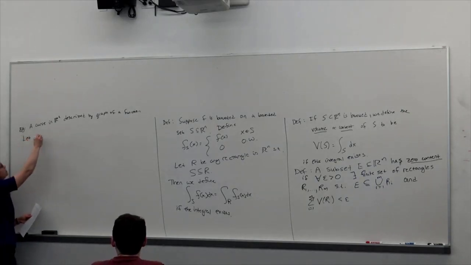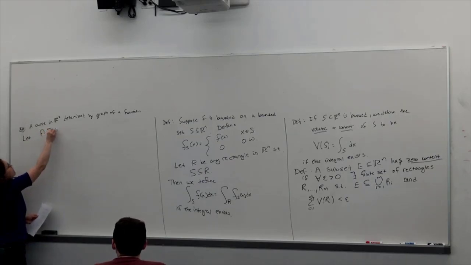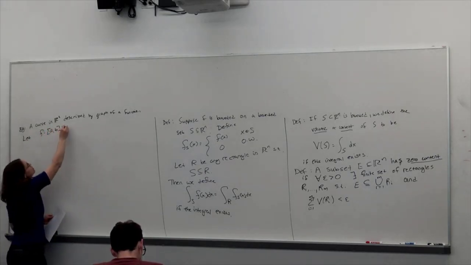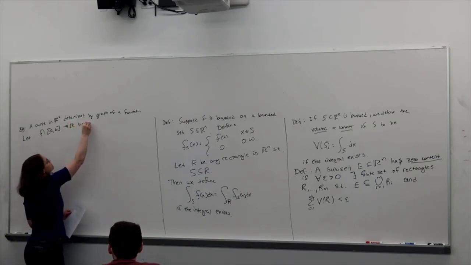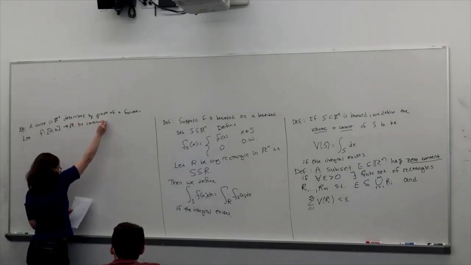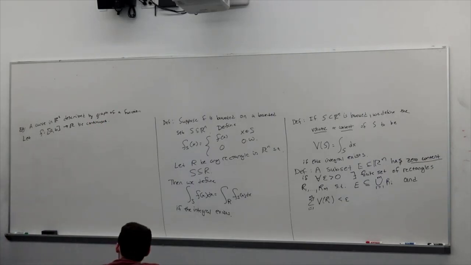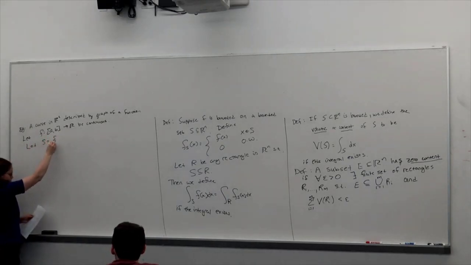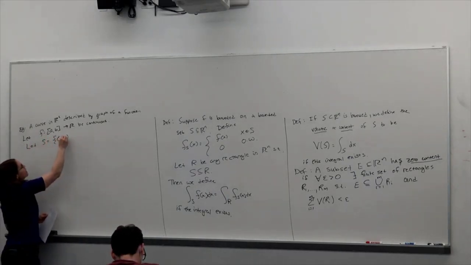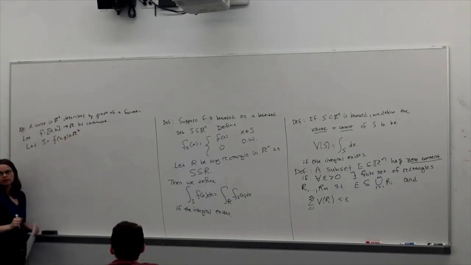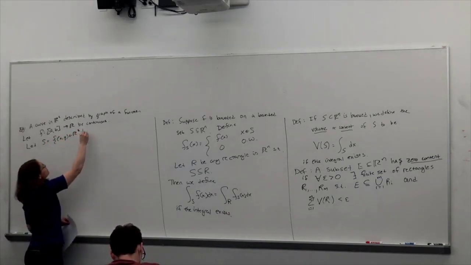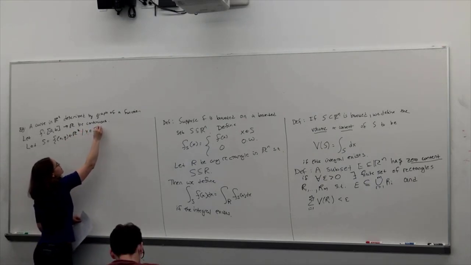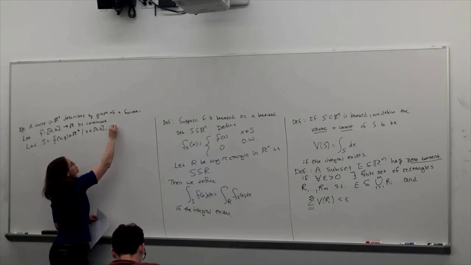Let's suppose we have a function that is continuous on a bounded interval. Now the set I'm going to be interested in is the set of points that lie on this curve. So S is going to be the set of all points of the form (x, y) in R2, such that x is between a and b, and y is equal to f of x.